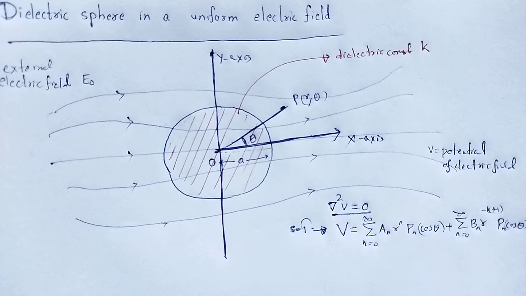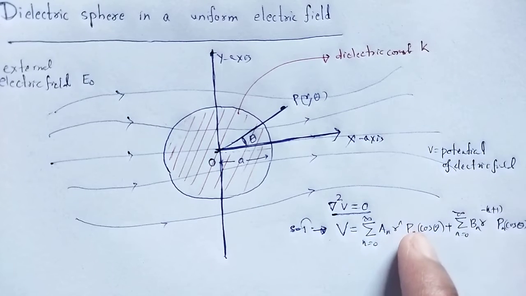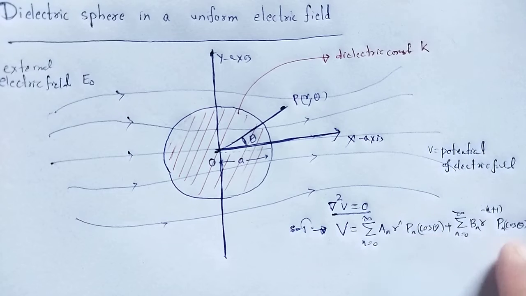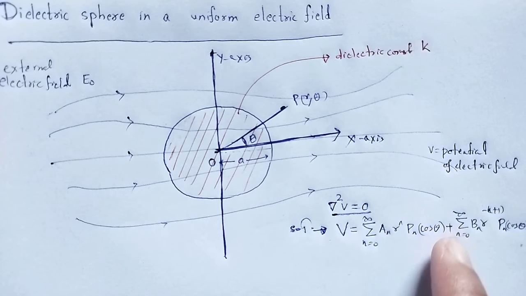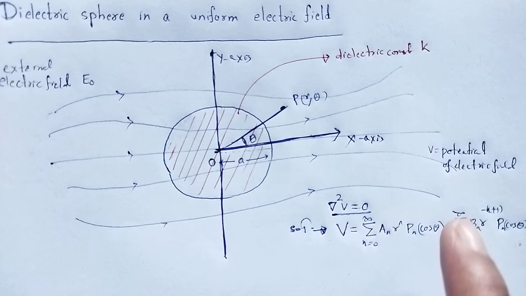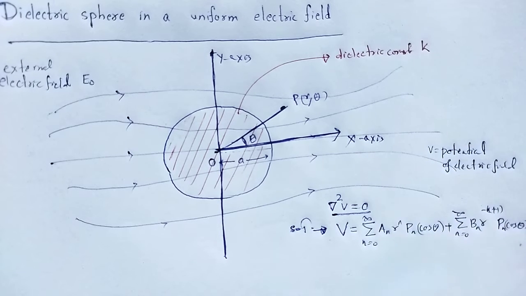When we expand the series, we consider only the first terms of P n cos theta, since the other terms possess higher powers of cos theta, like cos square theta, cos cube theta. That's why we neglect all these terms containing higher powers of cos theta.